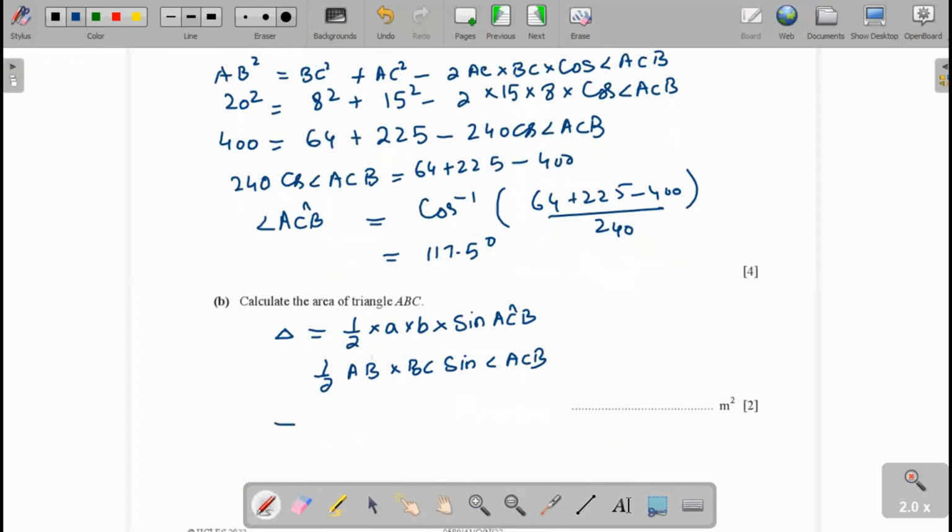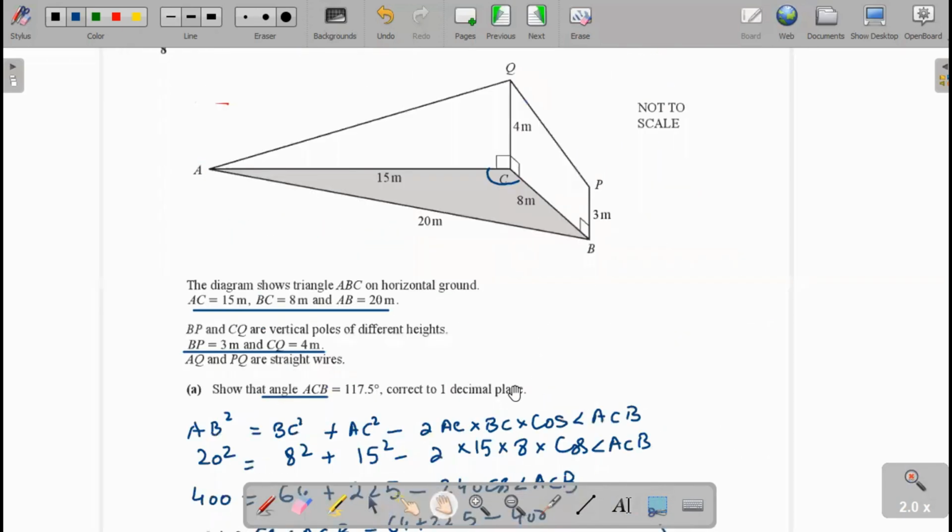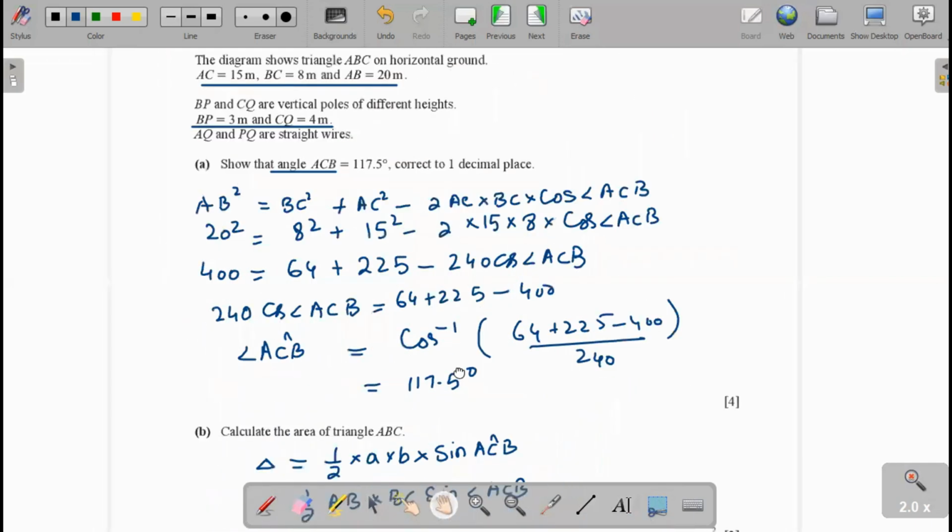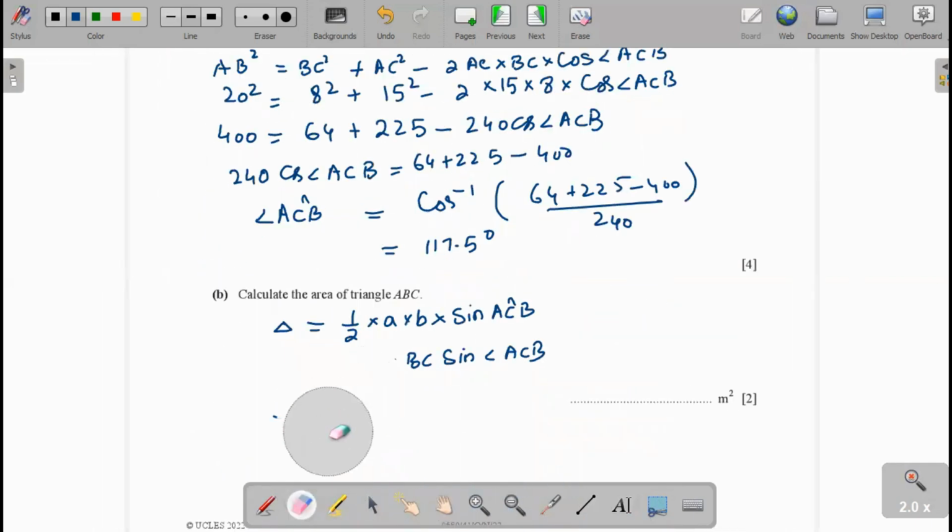Therefore, 1/2 AC into BC into sine of angle ACB.